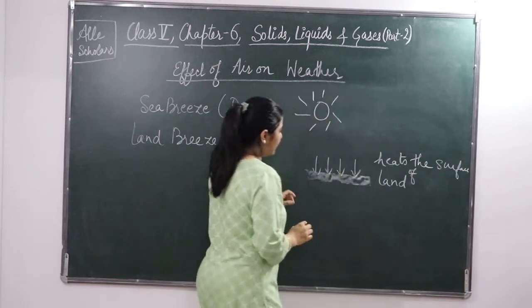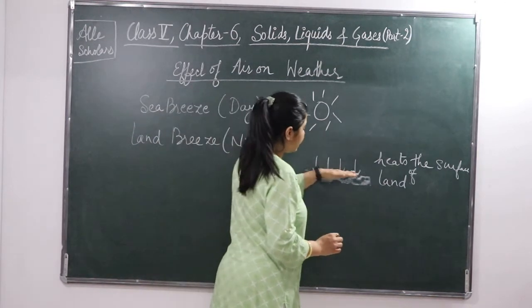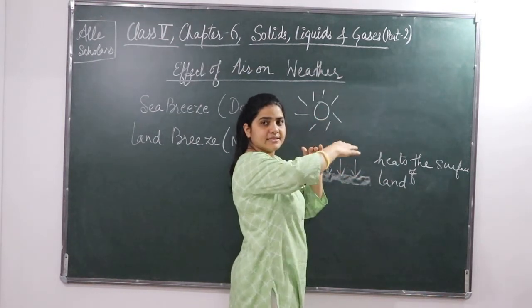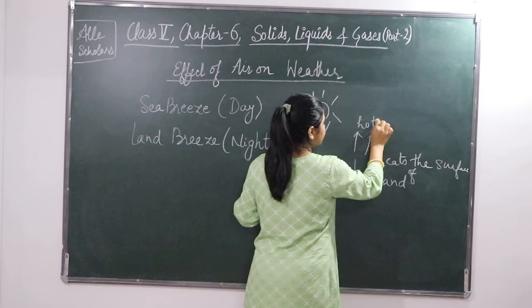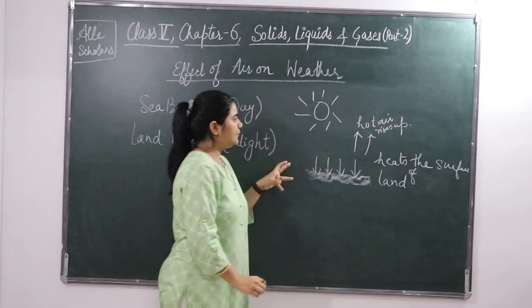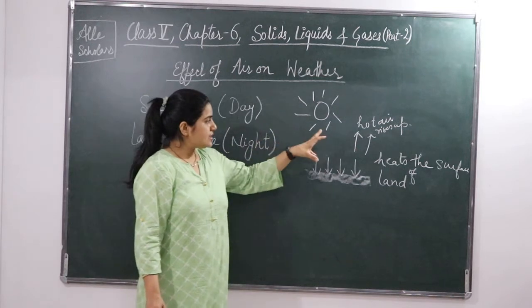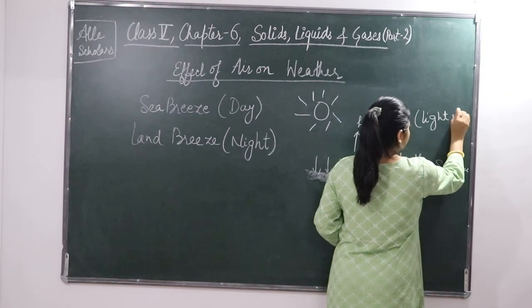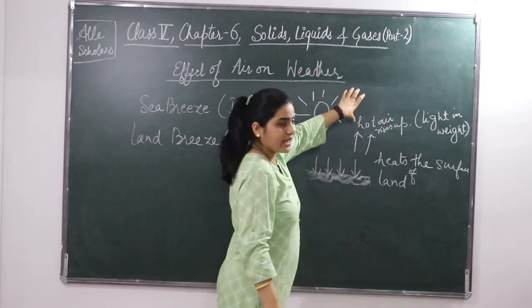The air present on the upper surface of the land rises up. Can anybody give me the reason why hot air rises up? Yes, correct. Because this hot air is light in weight, it will rise up.